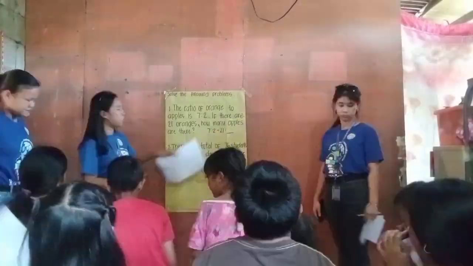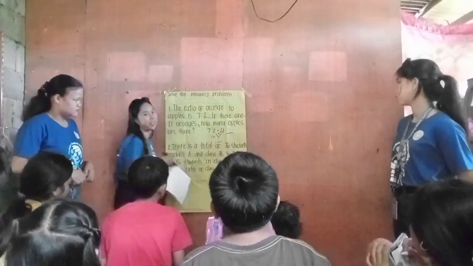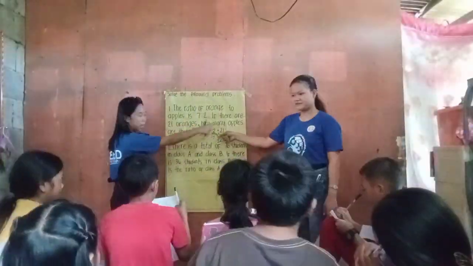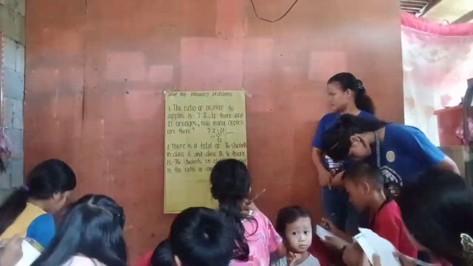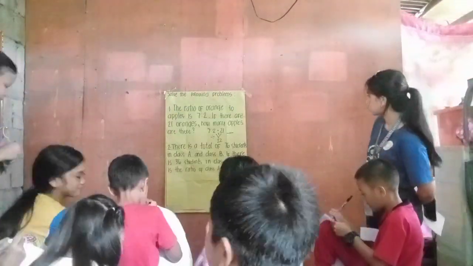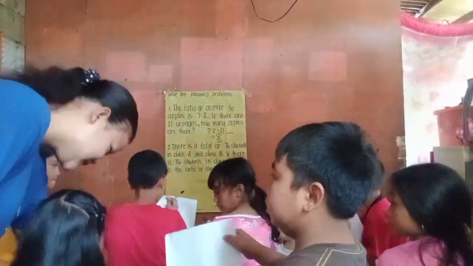And as you can see here in the video, they already know the answer to question number 1. And we also help the other kids to solve problem number 2.